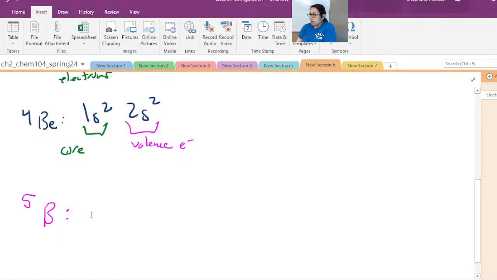So what do we get for our electron configuration? 1s to the 2 and then 2s to the 2. So remember we only have 2 electrons in the s, so then we have to put that last one in the p there.